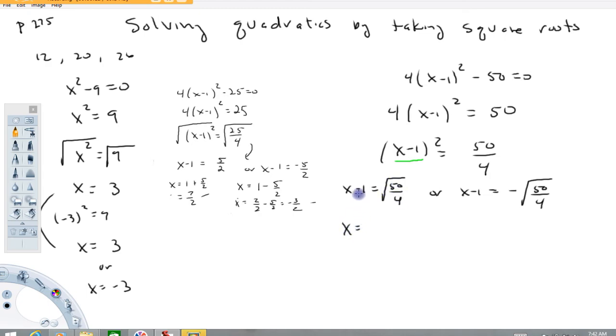So when we do this line, I'm going to add the 1 plus root 50 over 2. And again, I could have just left that root 50 over 4, but this looks a little bit more simplified. This one, adding 1 to both sides, we're going to have x is equal to 1 minus root 50 over 2. And again, 50 is not a perfect square. Oh, actually, we can simplify it a little bit more because we can write that 50 as 25 times 2.